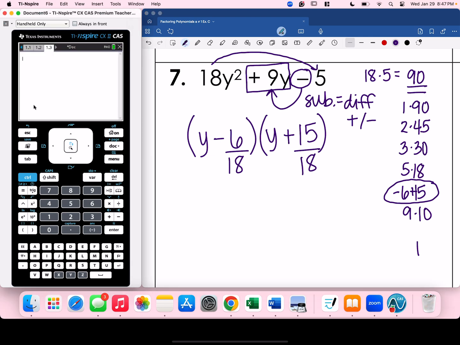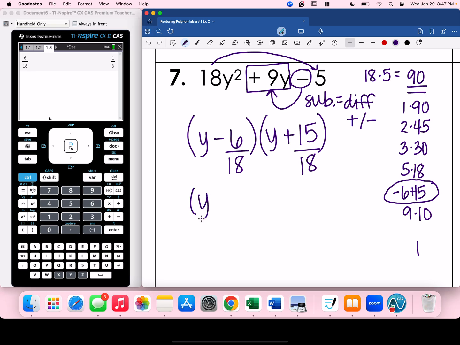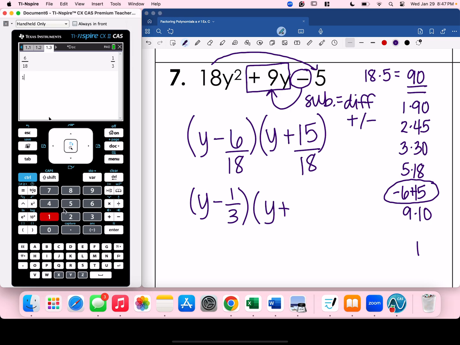Some of you are skipping this step. So we need to reduce our fractions. Looking at my first set of parentheses, I'm going to reduce 6 over 18, and I end up getting 1 over 3. So here I have y minus 1 over 3, and then y plus 15 over 18, which gives me 5 over 6.